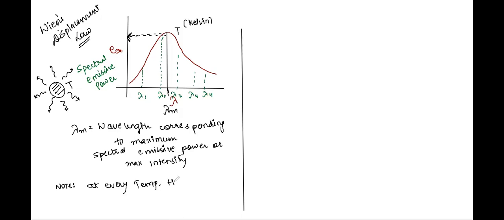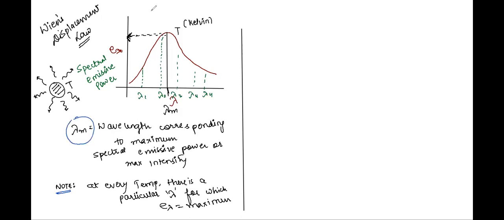At every temperature there is a particular wavelength for which emissive power is maximum, right? That is what we are denoting as lambda m or lambda max.